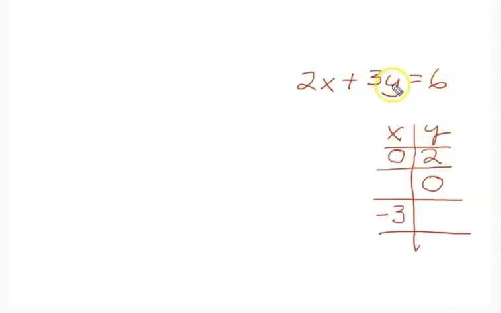Now if y is a 0, 3 times 0 is 0, we get 2x equals 6. Dividing both sides by 2, we get x is going to be a 3. Now if we put a -3 where the x is, this would be 2 times negative 3 plus 3y equals 6.